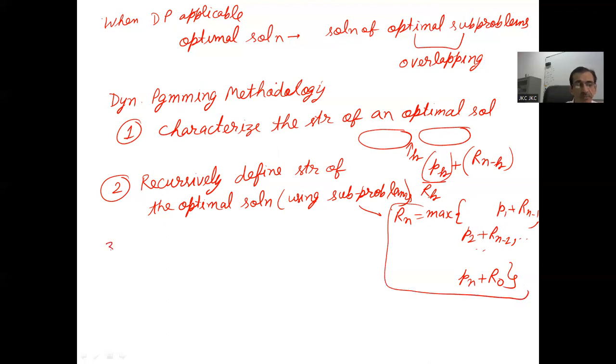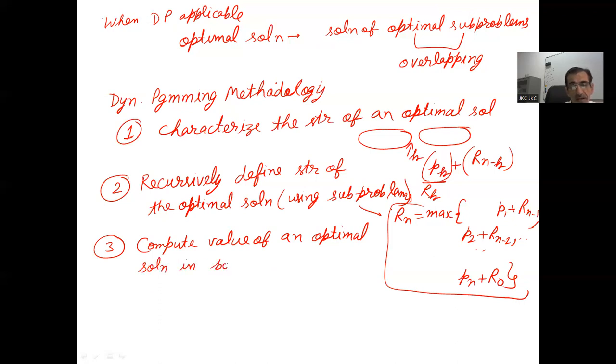That was the second step. The third step now comes: effectively we have to compute the value of an optimal solution using the bottom-up methodology. From the recursive definition, I have been able to find how those can be computed non-recursively in a bottom-up manner.